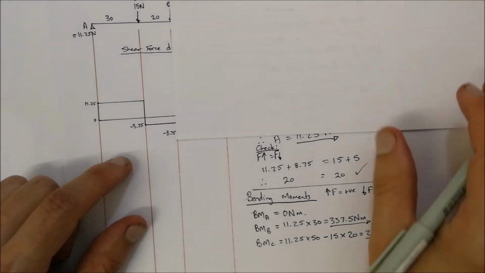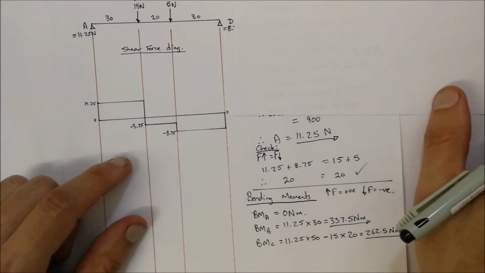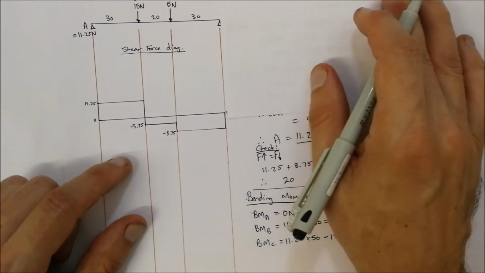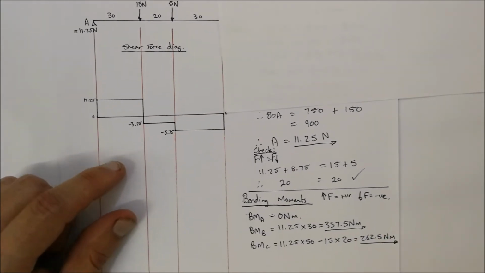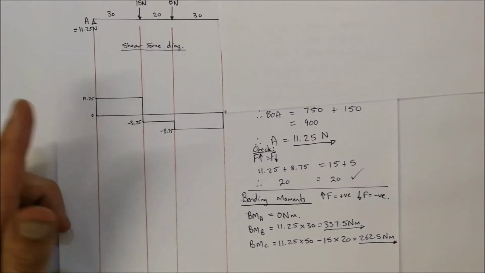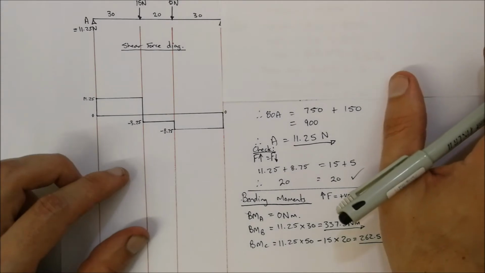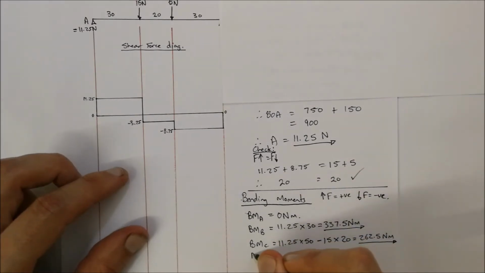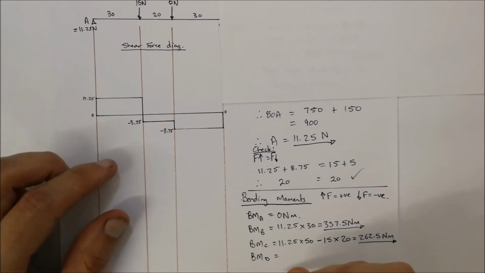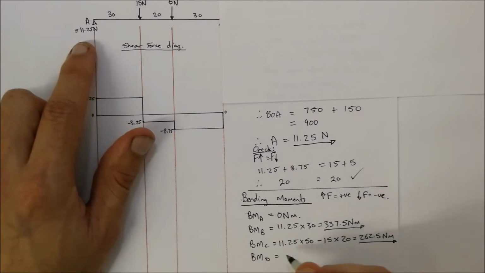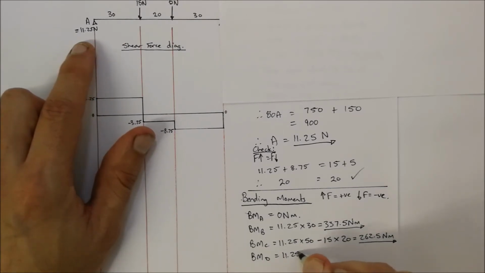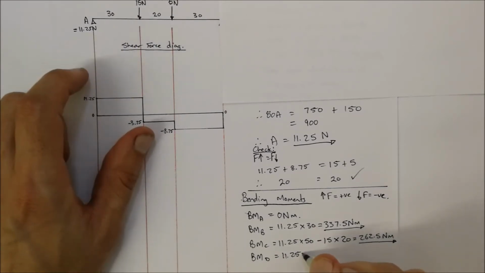Okay, now we're going to go to point D, which is the last pivot point. And now we're going to be looking at all the forces acting to the left of it. So the bending moment for point D is equal to, okay, we've got A, which is 11.25 newtons, which is 80 meters away.